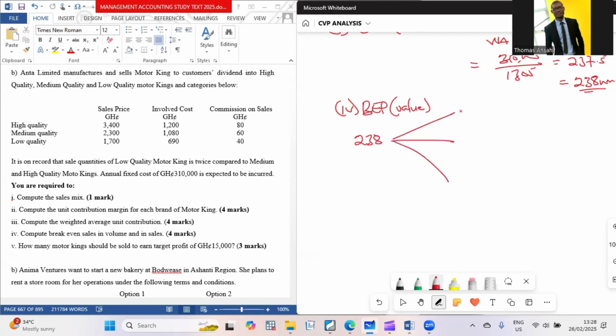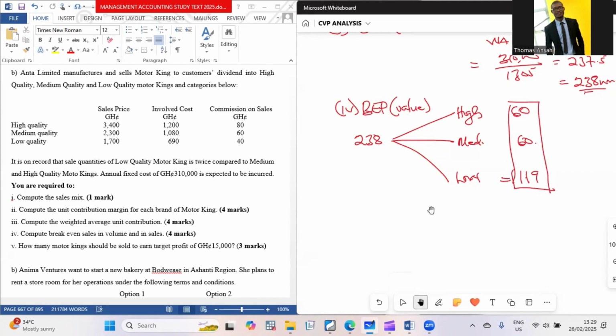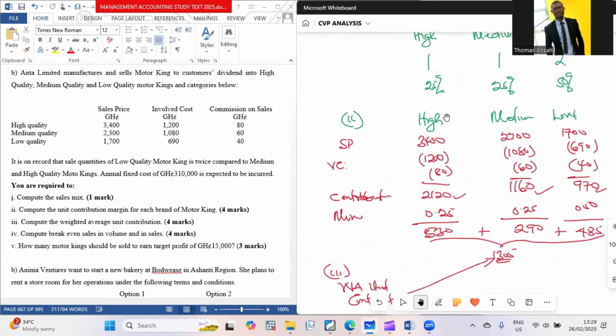We split this into high, medium, and low. We know that low is half of that, so half of this is 119. Then the remaining half is split into two for the others, that is 59.5, but it is in units, so we may have to round it. So let's say 60 and 60. Okay, so this is it. Similar thing to what we did here.